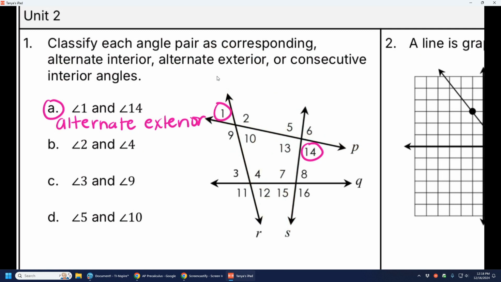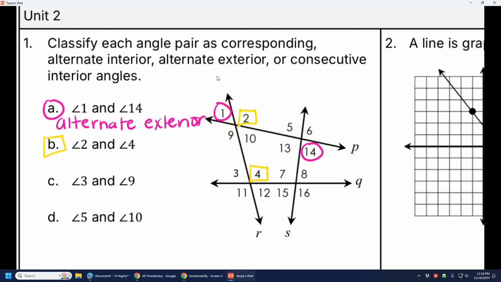Okay, 2 and 4. I'm going to use a box for these. So angle 2 and angle 4. So looking at those yellow ones, this time they're both touching line R and both of them are on the right side. So it's not going to be alternate. So either it's going to be corresponding or consecutive.